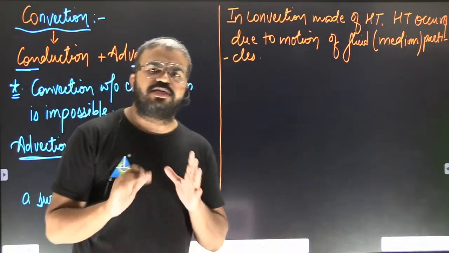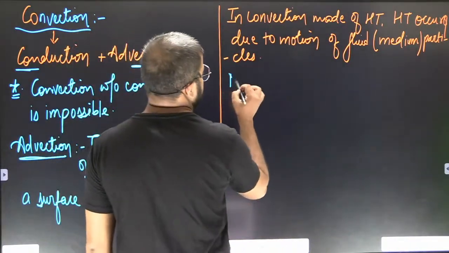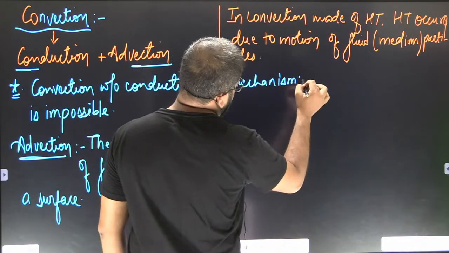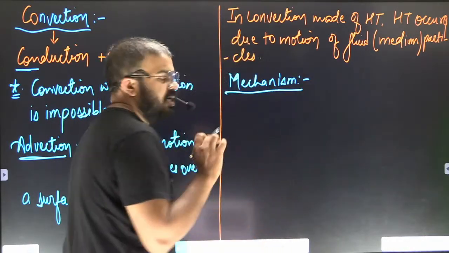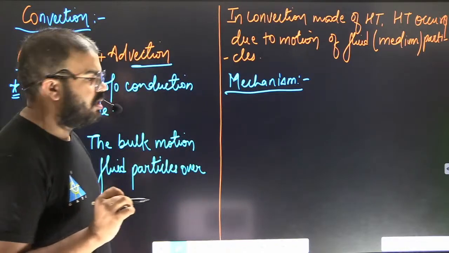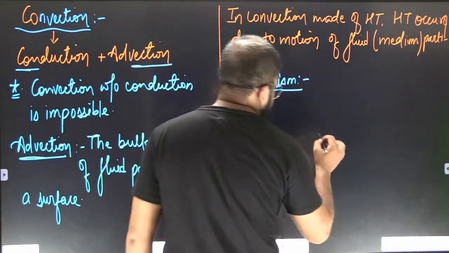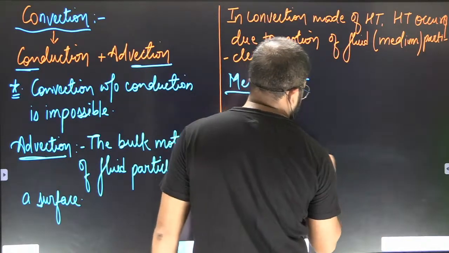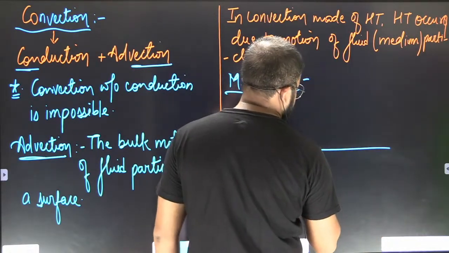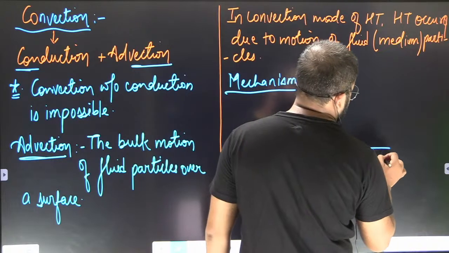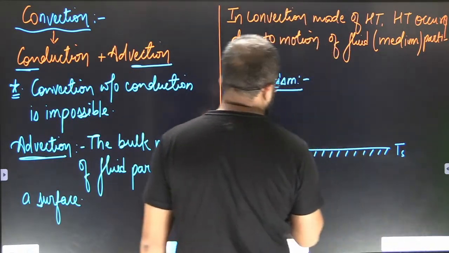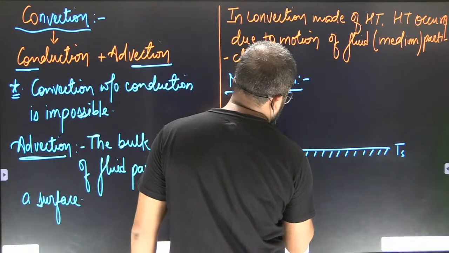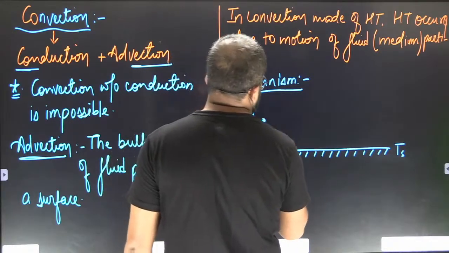Now what is the mechanism? Let us go with the real mechanism so that you will easily understand this. Let's suppose this is a surface whose temperature is Ts. The fluid is at T infinity.